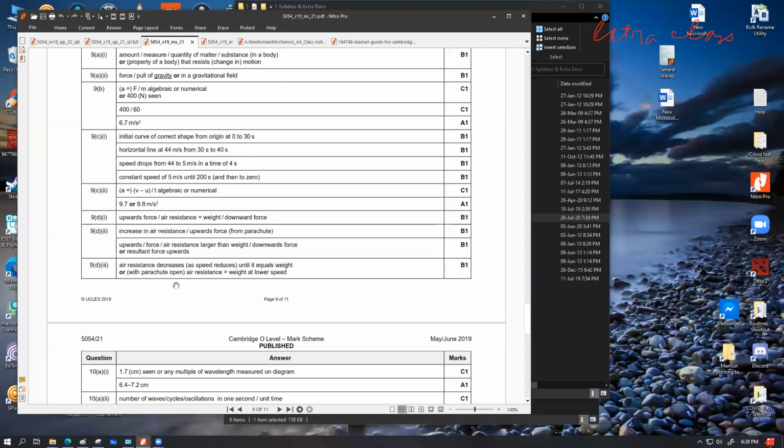I talked about the higher surface area in this. They did not talk about the higher surface area, but I would highly appreciate it if they mentioned the larger surface area. But they have incorporated the idea that air resistance equals weight for both of the options, either the top line or the bottom line. That has to be there, which I did incorporate. So I'm going to get this 1 mark anyway.